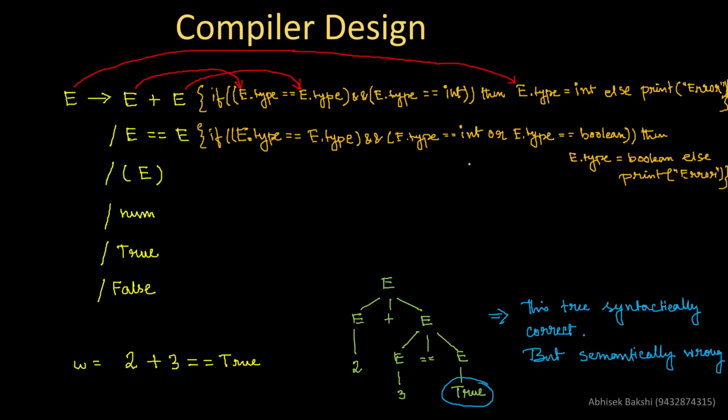Now see a very interesting thing: if both data types are the same and either they are integer or boolean, I have written e.type equal to boolean.